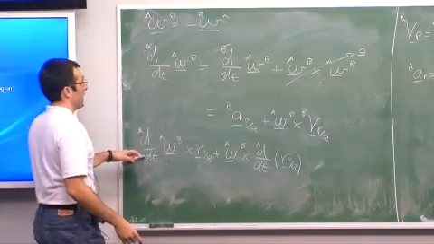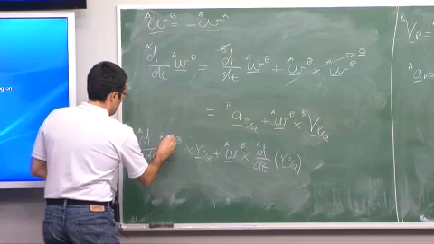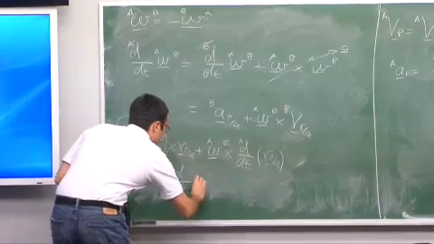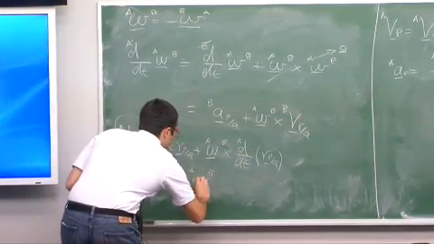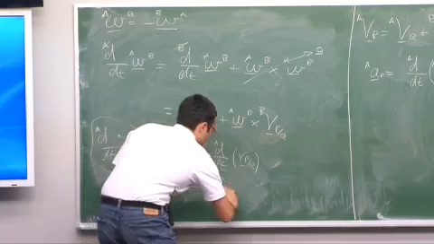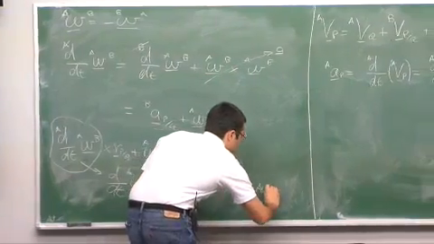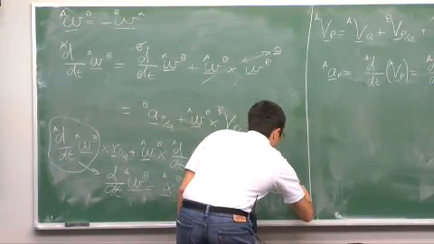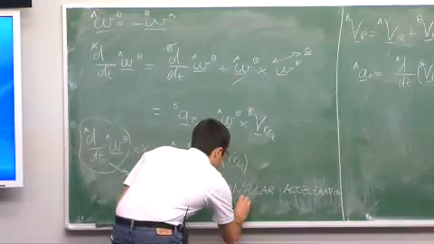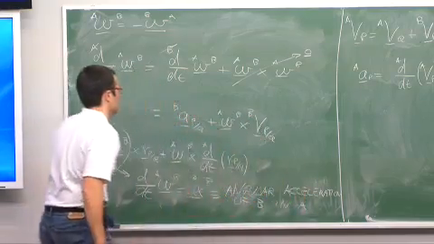And so I can define it as simply d/dt, without having to tell you which reference frame, of omega BA as alpha BA, or angular acceleration of B in A.